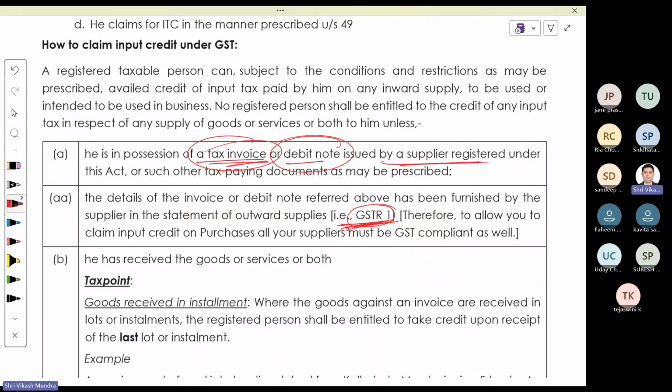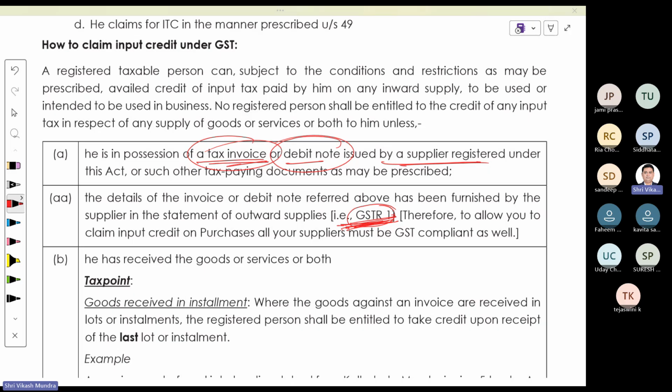If in the GSTR1 or equivalent document your supplier fails to mention your name or the information regarding that invoice, then Mr. Sandeep is not eligible to take ITC on those documents. Is it clear? Yes, sir.